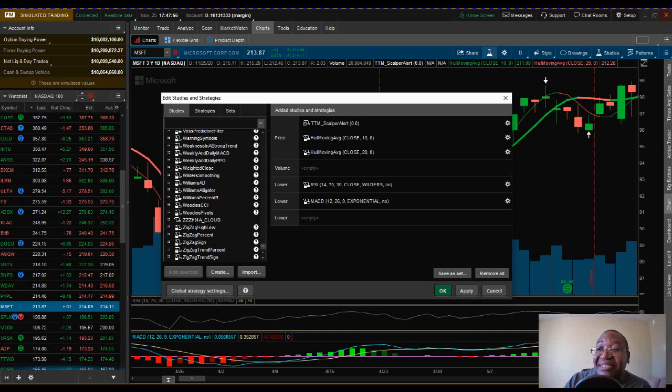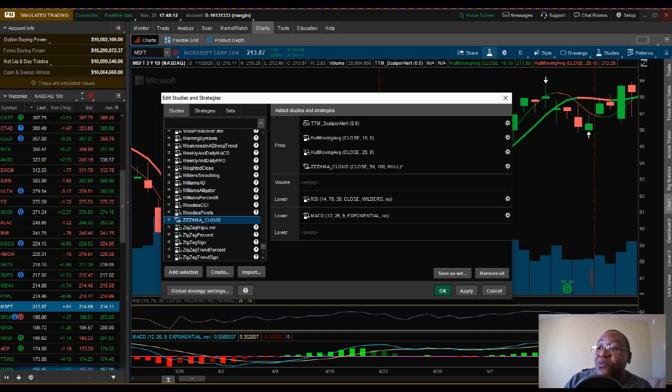And he said that he has come to rely on just this one indicator alone. I labeled it the ZZZ HMA Cloud. HMA stands for Hull Moving Average. And if you want this script, and you're using Thinkorswim, or even if you're not using Thinkorswim, if you're using any desktop platform that accepts scripts, I'll give you the script.